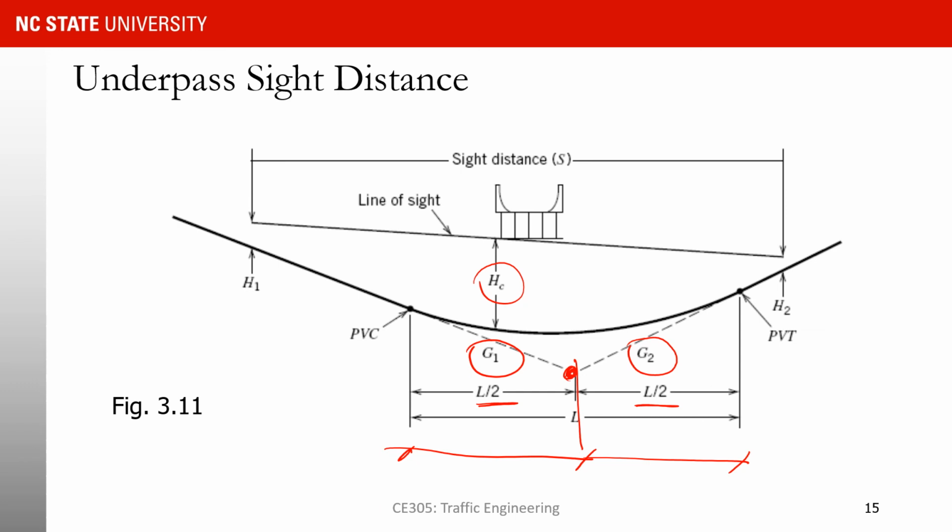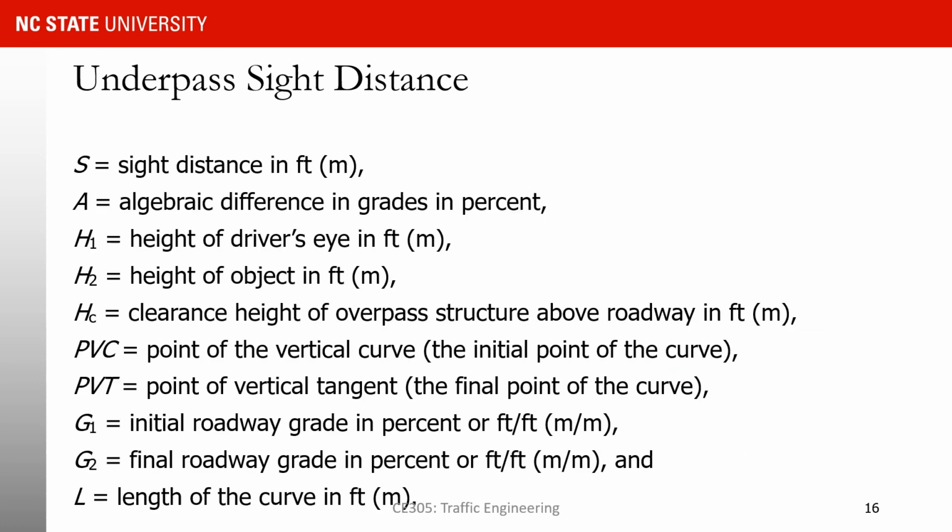So what is going to be our sight distance? We have an equation that I'm going to go through, but before that, let's look into these parameters. A, you know what it is. S is sight distance. H1, H2 is the height of the driver's eye and the object. H sub C is new, it is the clearance. You know PVC, PVT, G1, G2, and L.